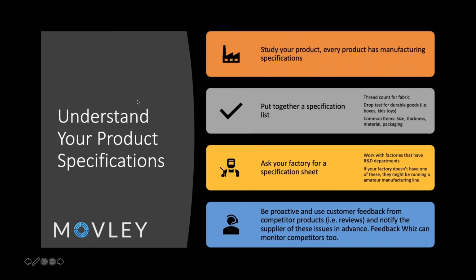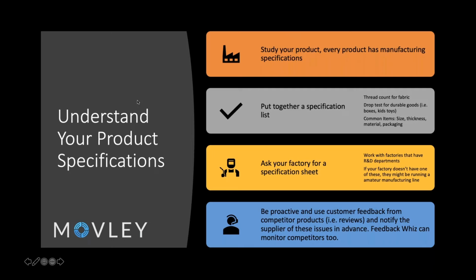Putting together that specification list can be done really easily, just through some regular research, some intuition, and you can also talk to your factory and ask them for a specification sheet. Most factories have R&D departments, and you want to make sure you're working with factories that do. R&D is a research and development department.